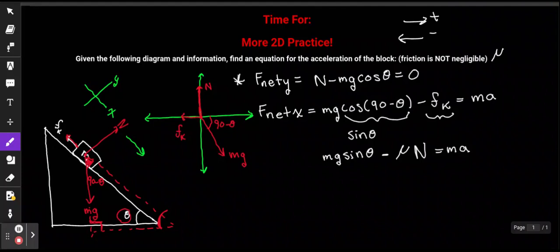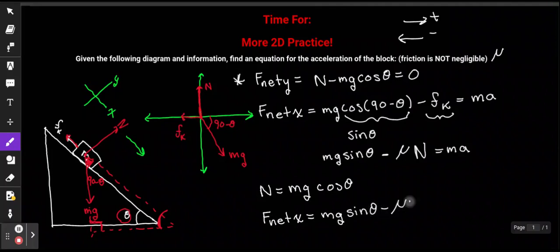Using our F net y equation, we can solve for normal force as N equals mg cosine theta. So this gives us the final F net x equation as mg sine theta minus the coefficient of kinetic friction times mg cosine theta, and this is equal to mass times acceleration.